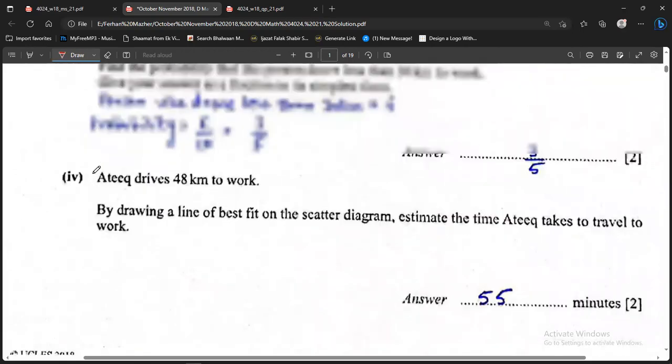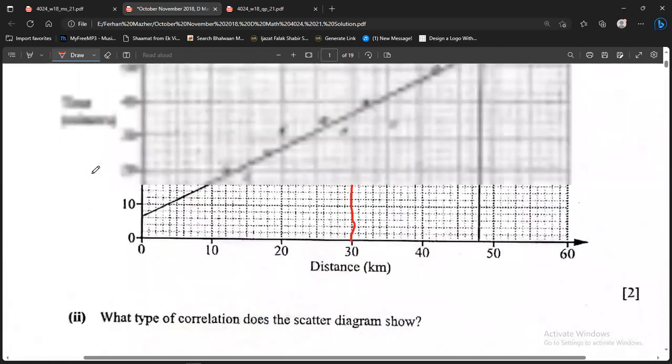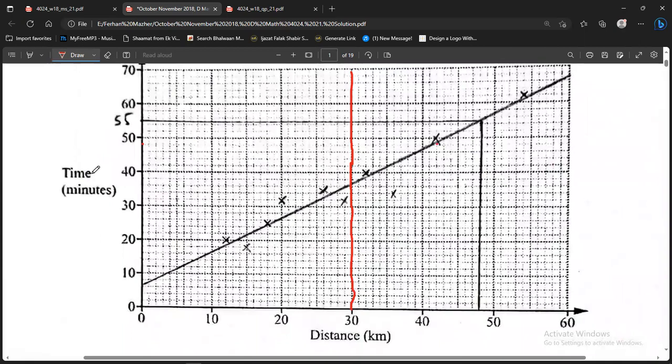Let me see what happened. I think, sorry, I made a mistake. 48 is here. That was 48 kilometers. I was looking at 48 minutes. Sorry.